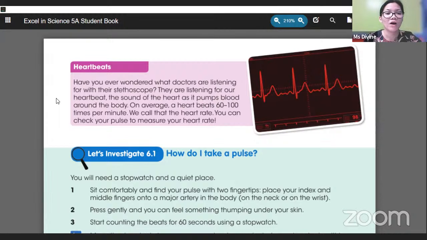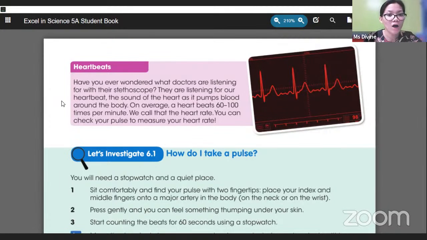They are listening for the sound of the heart as it pumps the blood around the body. On average, our heart beats 60 to 100 times per minute. That is the average.